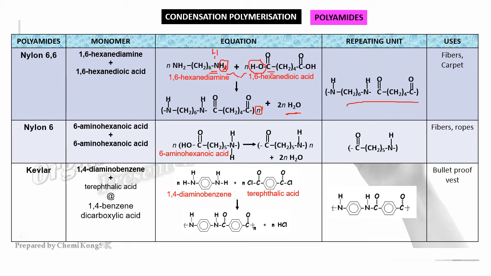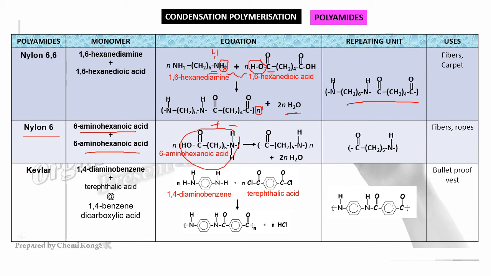Second example, nylon 6 is formed from 6-aminohexanoic acid and 6-aminohexanoic acid. Again we check, it is going to eliminate. Because it didn't show the 6-amino acid, by right you have to show this plus this structure and then form this.